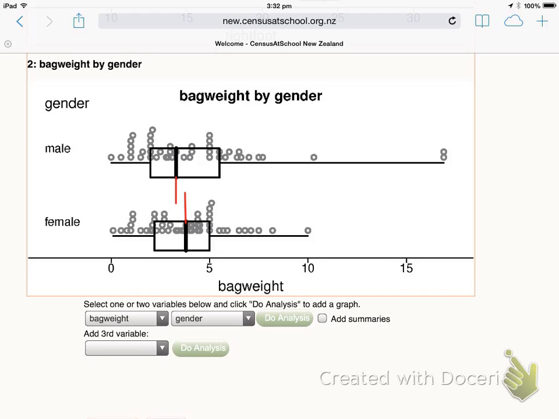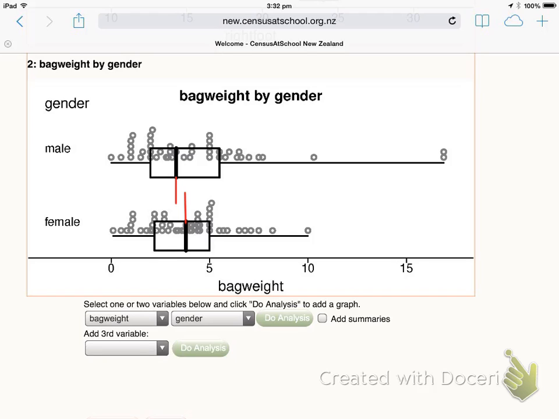To be able to make the call, the distance between those medians needs to be significant so that we can meet that equal to or more than a third rule between the difference between the medians and the overall visible spread. So I'm going to say here, the bag weight by gender is too close to call.